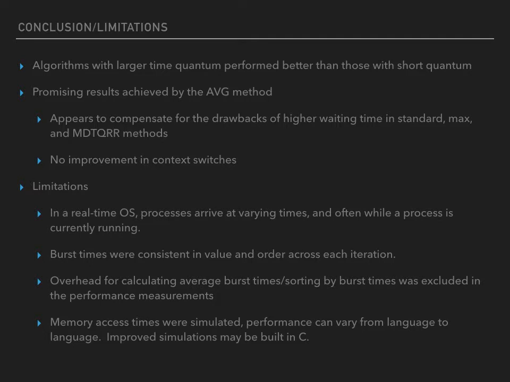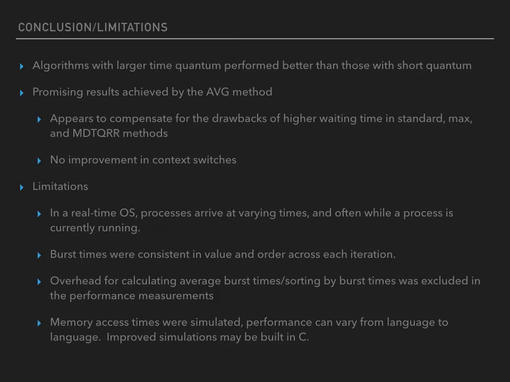There were a number of limitations in this simulation, such as in a real-time operating system, processes arrive at varying times, and they often arrive while a process is currently running. We left out the mechanisms for handling arrival time while a process is running to make the code more lightweight and to more isolate our results and make them more consistent.